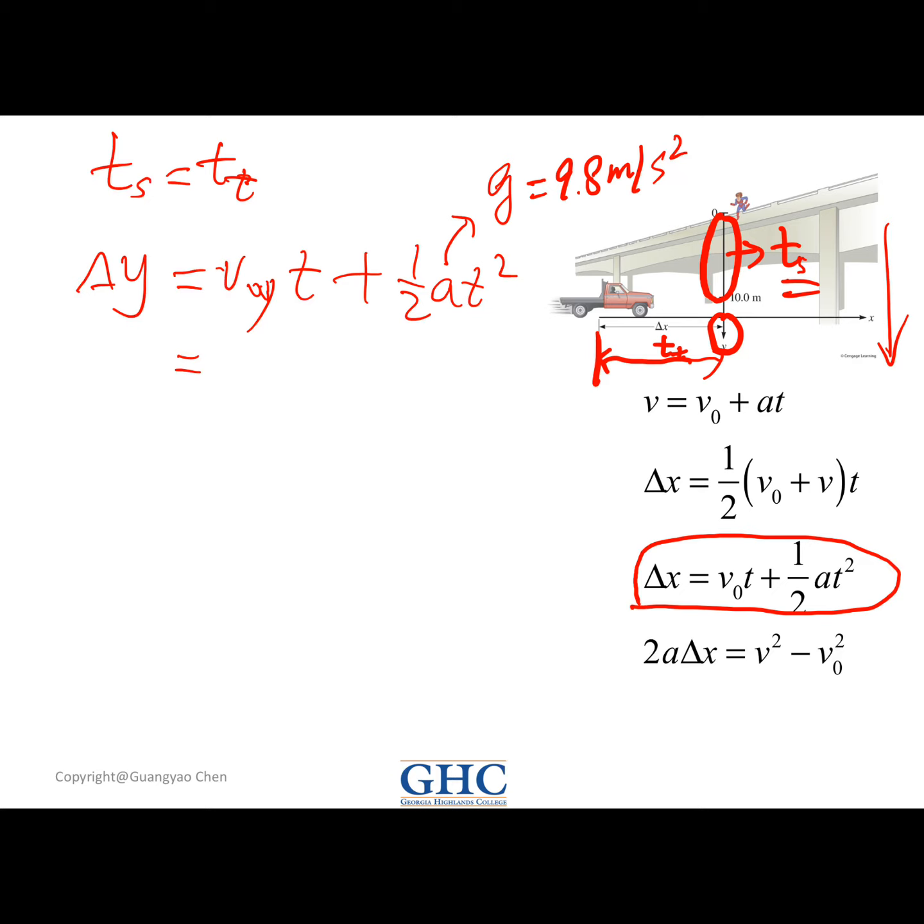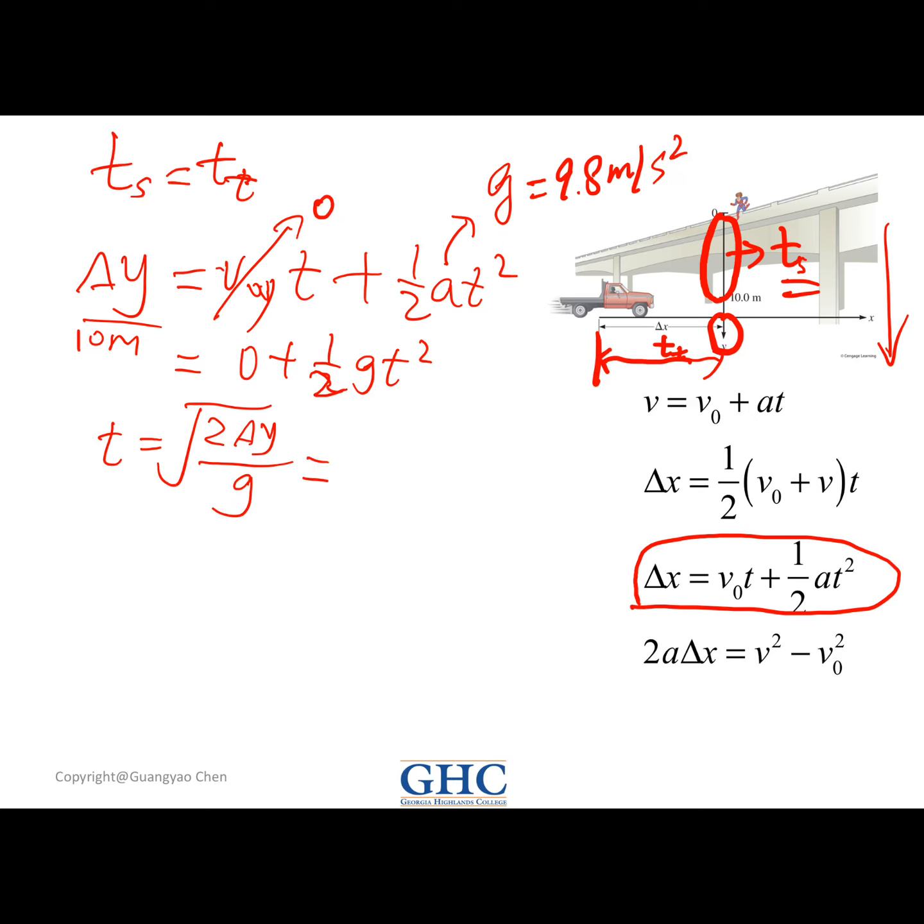And the initial velocity of Superwoman is 0, so this term is 0, leaving 1/2 g t squared. And we know this one is 10 meters. This is 9.8, so we can solve for t, which is the square root of 2 delta y over g. If we solve for it, it's roughly 1.43 seconds.